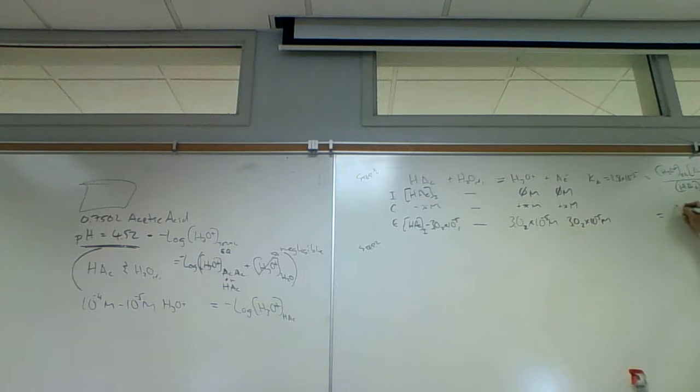And so this is just going to be 3.02 times 10 to the minus 5 squared divided by the HAC concentration initial minus 3.02 times 10 to the minus 5. And so we only have one unknown here. We solve for the HAC concentration initial.